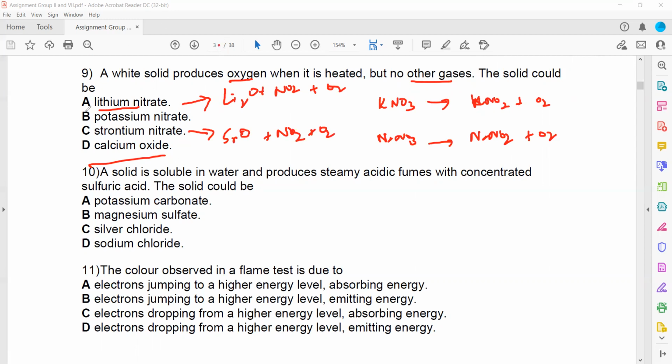It can melt, but it does not decompose. That's why B is the right answer. Is it clear? Question 9. So it is important that you learn these decomposition products.